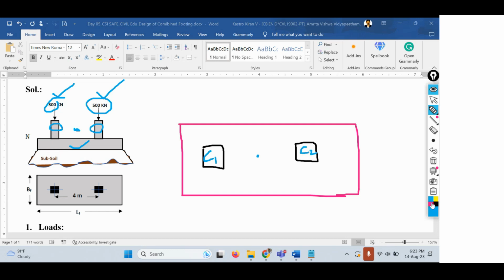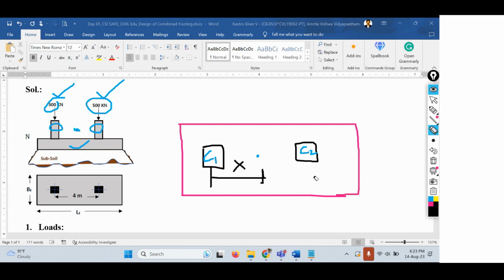Here I am considering a center of gravity, or CG point, at a distance x from the center of column 1. You can also consider the center of gravity point from the center of column 2. That's completely up to you. There is no problem with that.